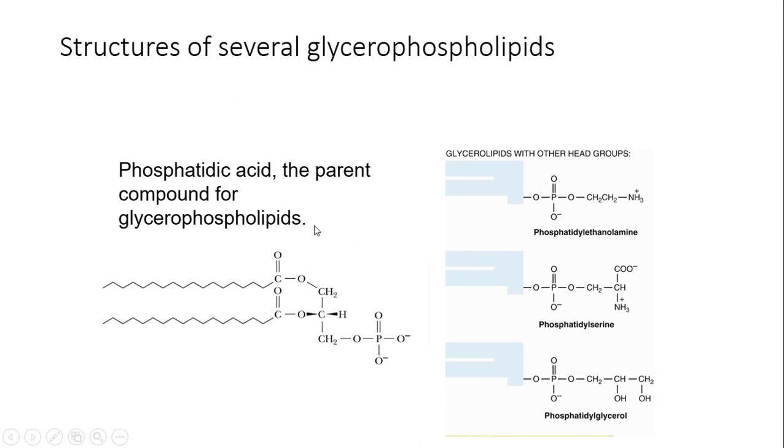We can add a head group, I should say, not change it. So to the parent molecule with this phosphate group, if we add this particular head, ethanolamine, we have phosphatidylethanolamine. Phosphatidylserine has a serine head group, and phosphatidylglycerol, where we've added a glycerol molecule here.